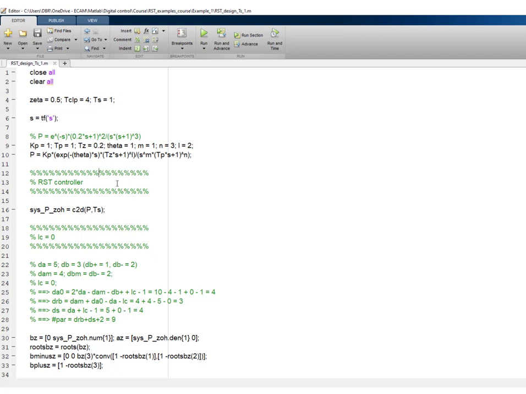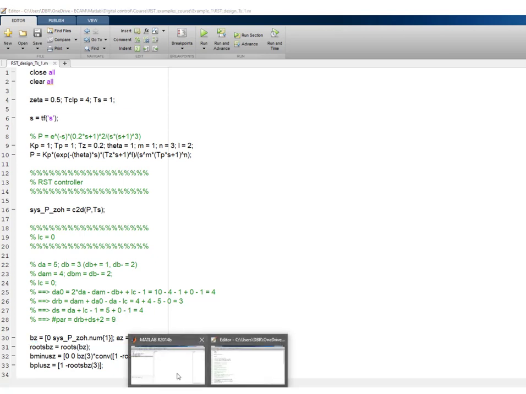Ts is equal to 1. We need the zero order hold equivalent description, obtained by using the command c2d. It is not necessary to put the argument ZOH; if you use c2d without argument, it is the zero order hold equivalent description that is obtained. What we need to do first is obtain the B polynomial and the A polynomial.